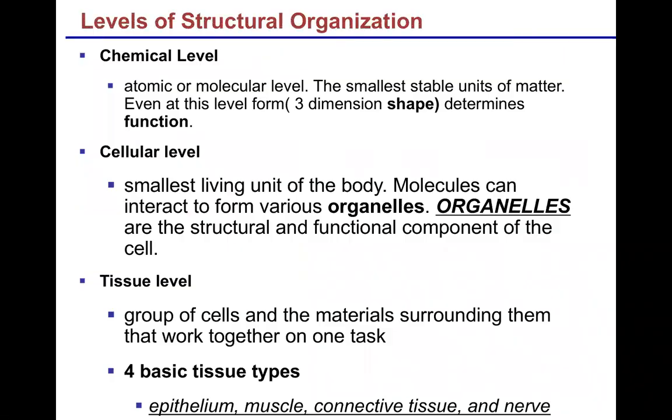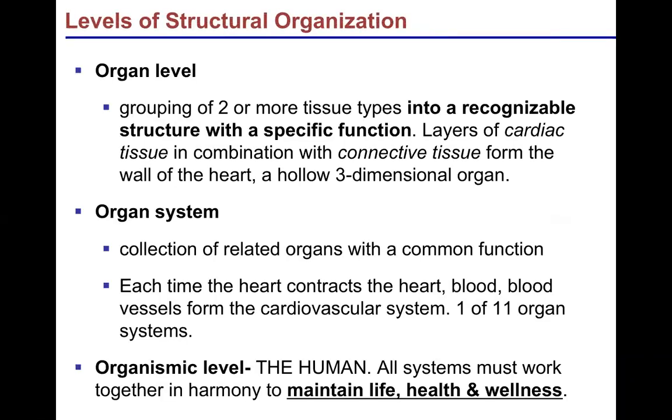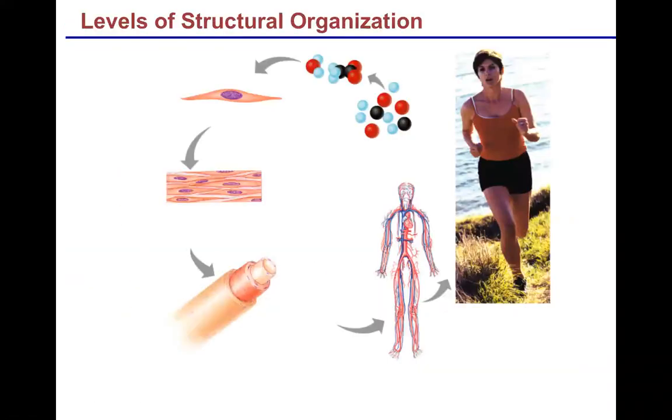Whatever I have said so far is written in words in these slides, so you can go over them. We will go over this once more with an example that will help you understand. First and foremost, these are chemical levels, made up of atoms and molecules.